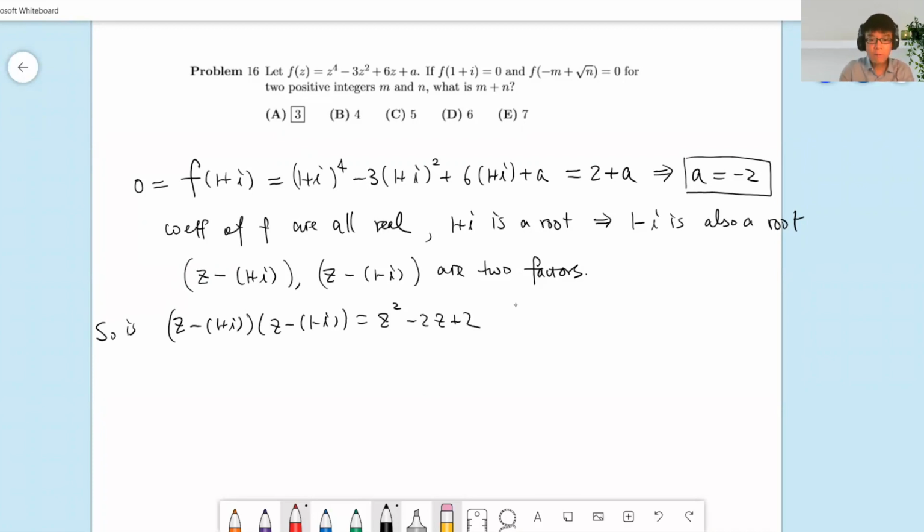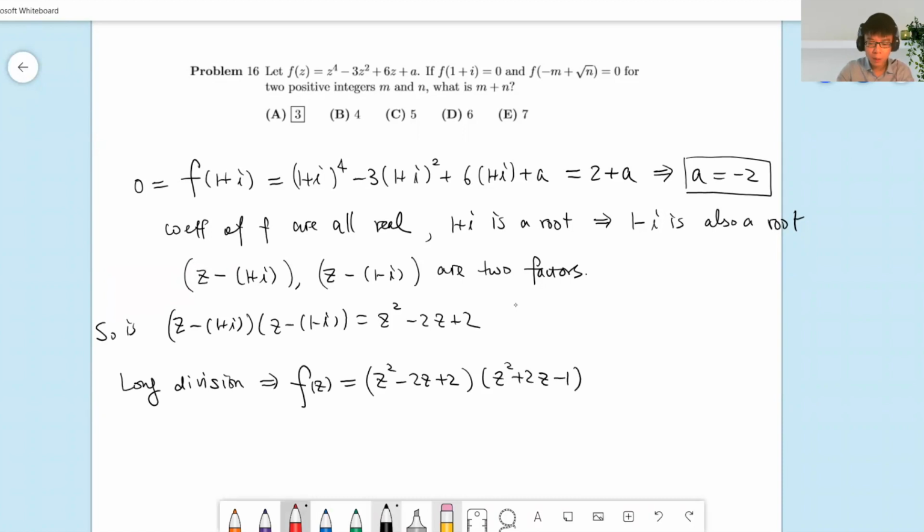So we can actually factor f of z by this factor and another quadratic factor. So we can use long division. This implies f of z equals z squared minus 2z plus 2 times another factor. You can just divide and find the quotient. It is z squared plus 2z minus 1.